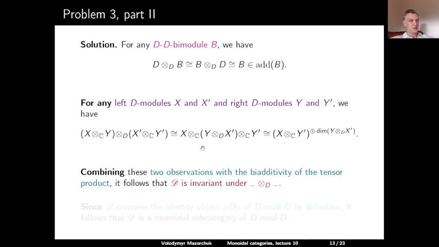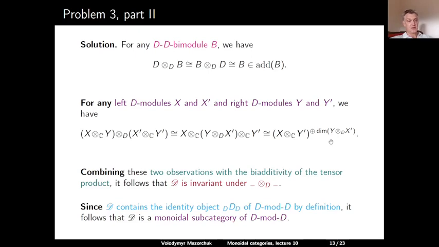And the second line says that the bimodules of the form left module tensor right module, when tensored with each other, produce bimodules of the same sort, up to some summands. By construction, the category curly D contains the identity object inside the category of all bimodules, and so it follows that it is a monoidal subcategory of the category of all DD bimodules.